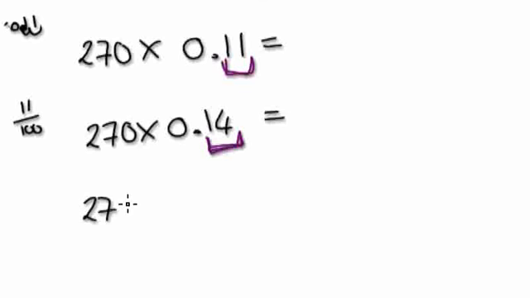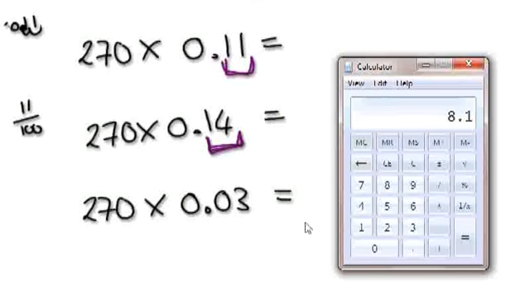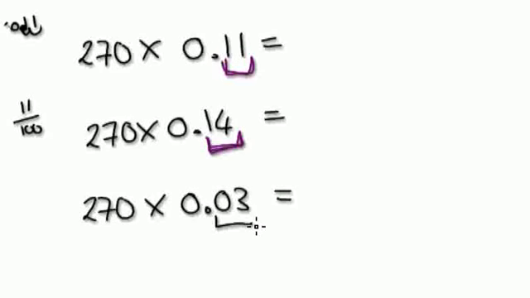So get your original amount times 3%. Calculator, clear. 270 times 0.03 equals 8.1. Always have a glance at this.